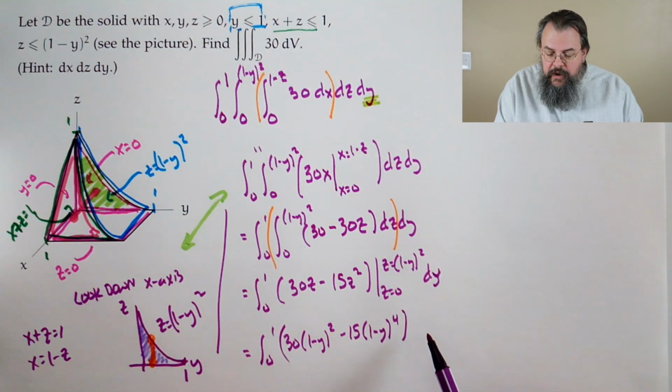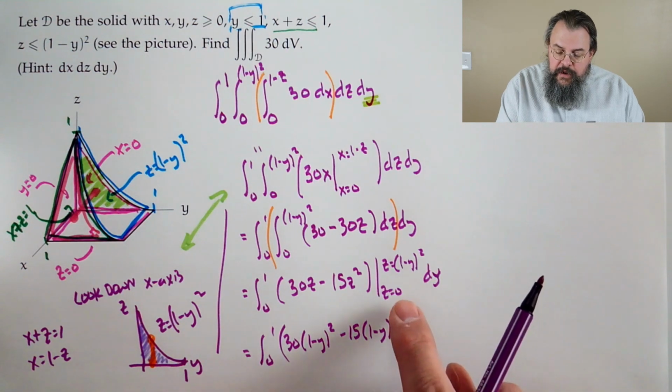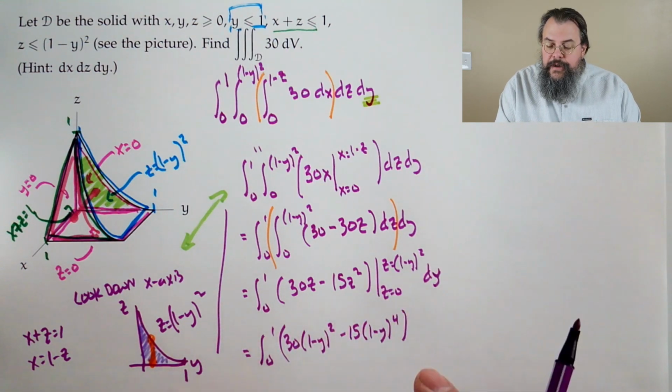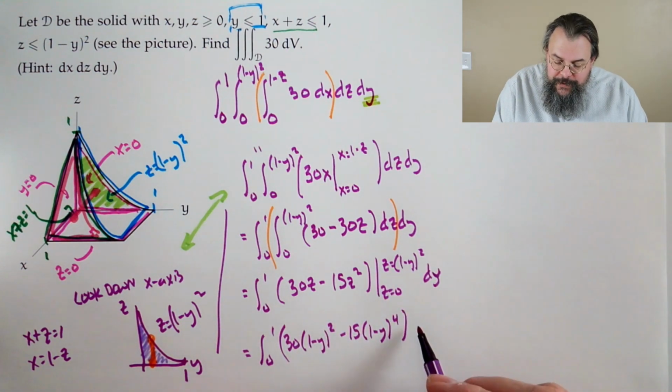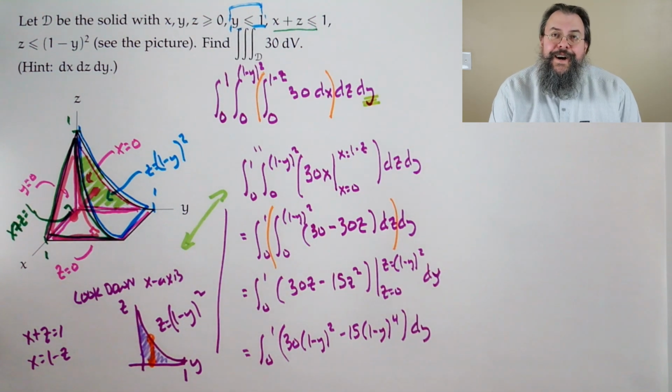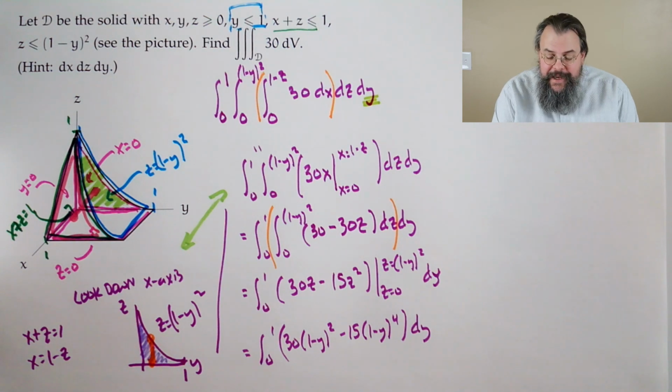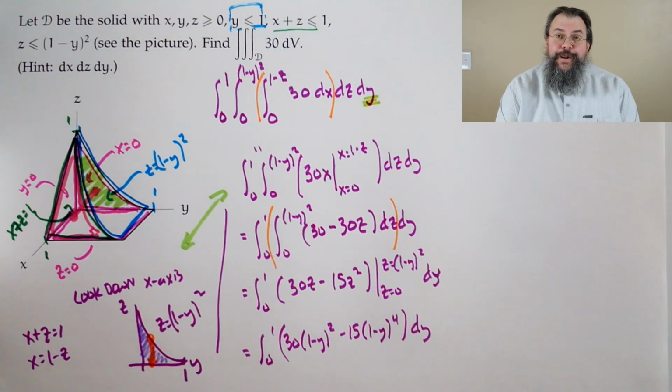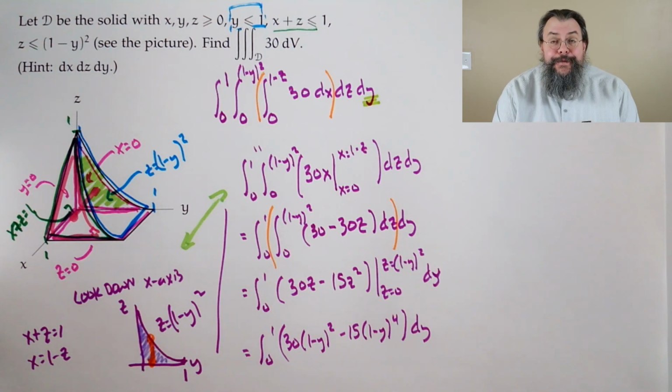All right, wow. Okay, now the good news is when you plug in 0, you get 0. Great, wonderful. Except you're like, are we really going to have to take that and expand 1 minus y to the 4th? No, we don't have to do that. But what can we do?